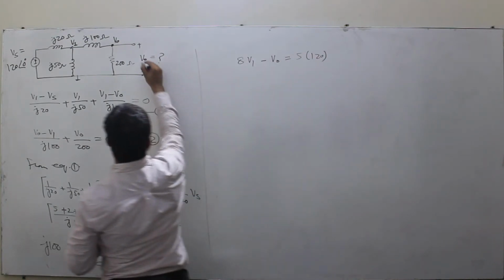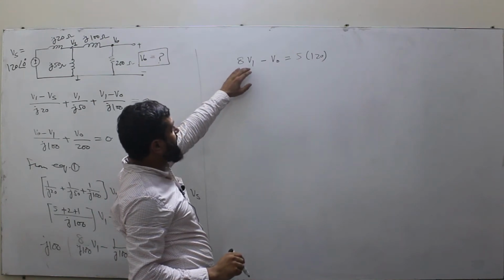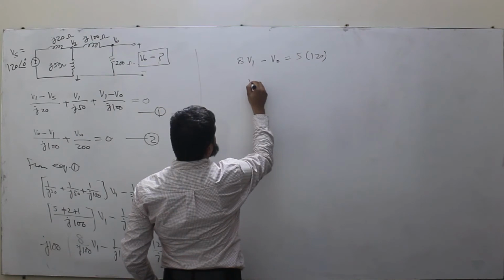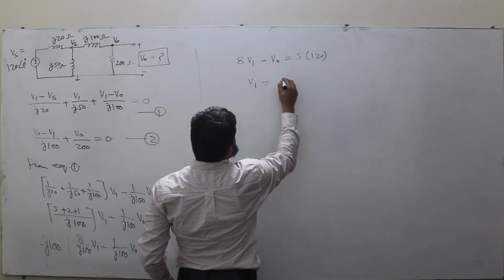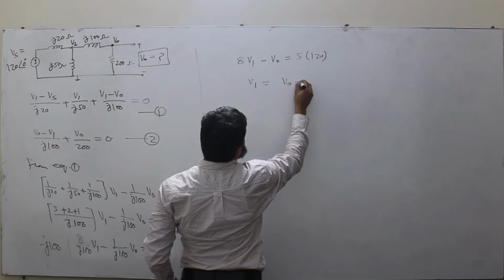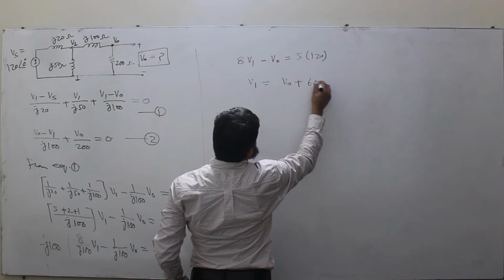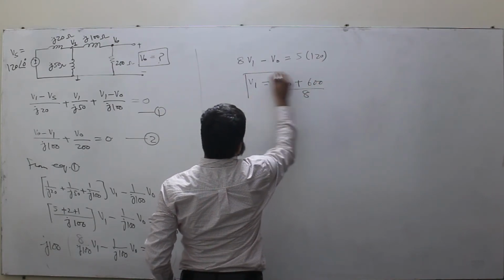Since we have to find the value of V0, it does not matter whether you find V1 or V0. So we can find V1 from here, which is equal to V0 plus 600 divided by 8. So this is the value of V1.